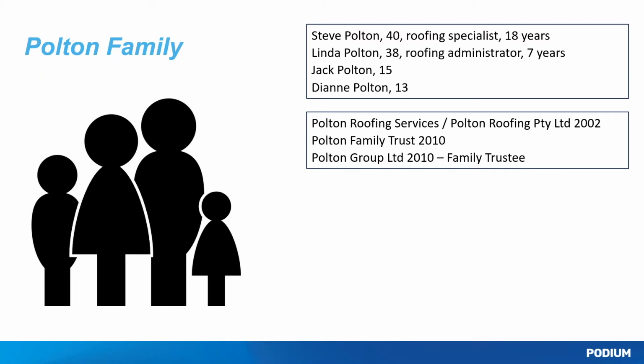What I can also see here is that at the same time that the trust was established, the Polton Group Limited entity was created as well, which is acting as the family trustee. Okay, so we have a Polton roofing business, which is separate to the Polton Group Limited. Very different, very separate.